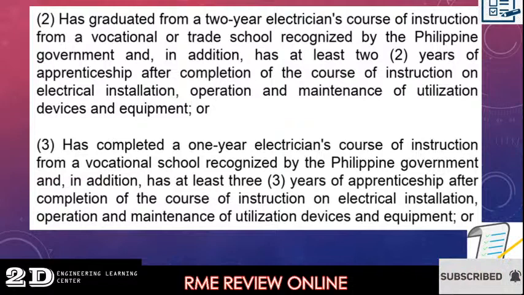Then next is has completed a 1-year electrician's course of instruction from a vocational school recognized by the Philippine government, and in addition has at least 3 years of apprenticeship after the completion of the course of instruction on electrical installation, operation, maintenance of utilization devices and equipment. So dapat if nakapagtapos ka ng 1-year electrician's course, so yung experience mo is 3 years also.